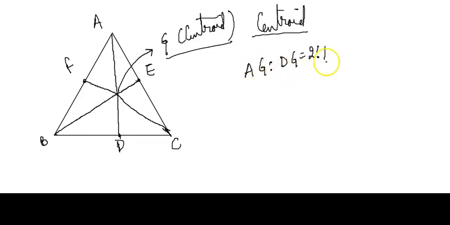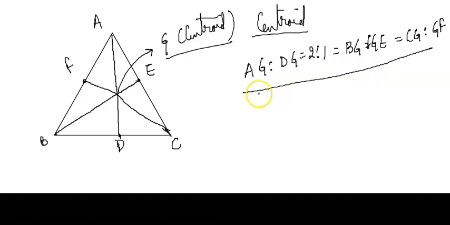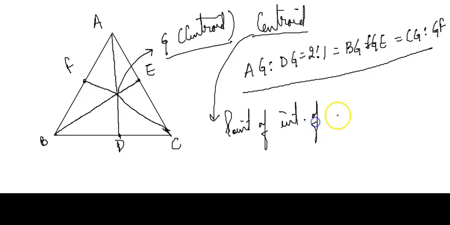In the same way, BG to GE is also 2:1, and CG to GF is also 2:1. So the centroid is basically the point of intersection of all medians.